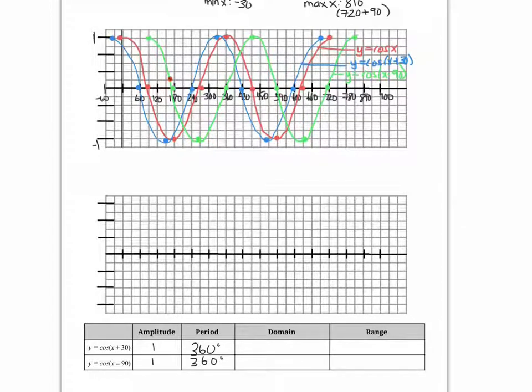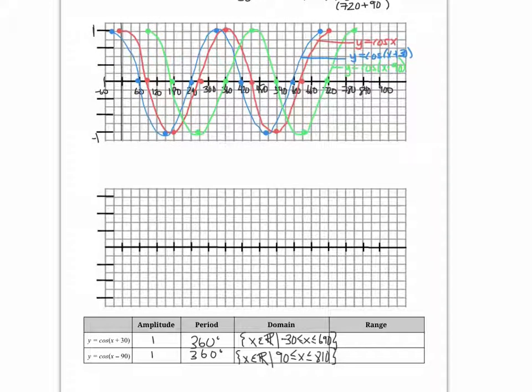And our domain for the green graph, sorry, it's been shifted to the right 90, its domain is between 90 degrees and 810 degrees. In terms of our range, we have not shifted up or down, so our range is still the same. Both graphs, the blue graph and the green graph, are just bouncing between the numbers 1 and negative 1.